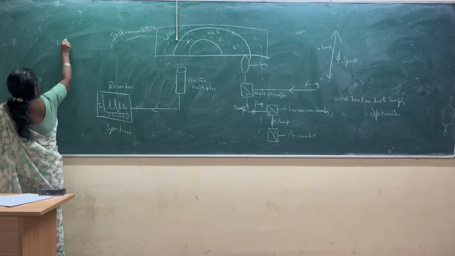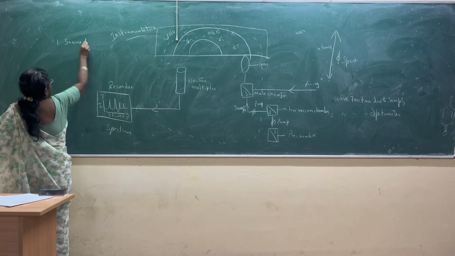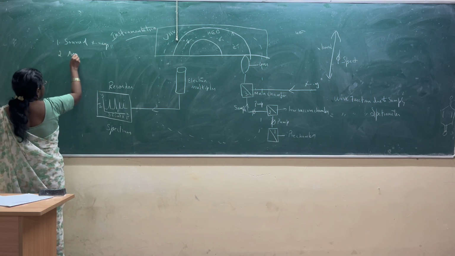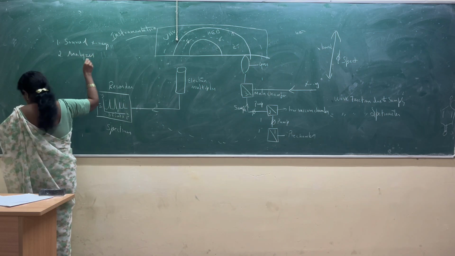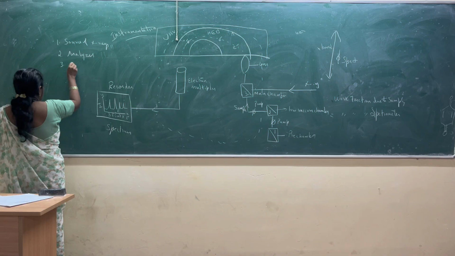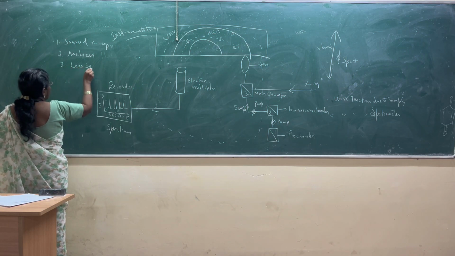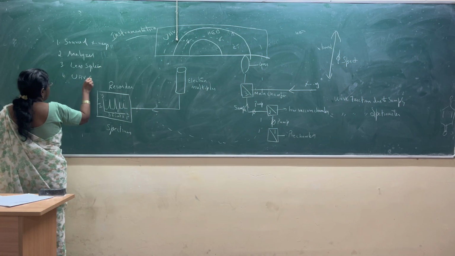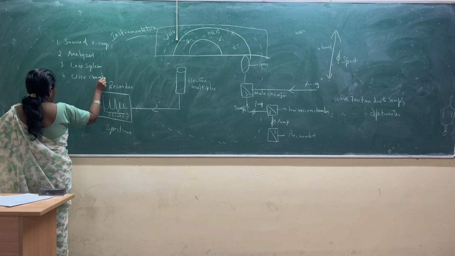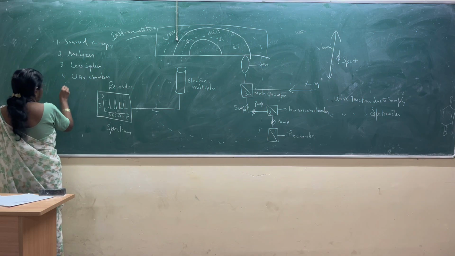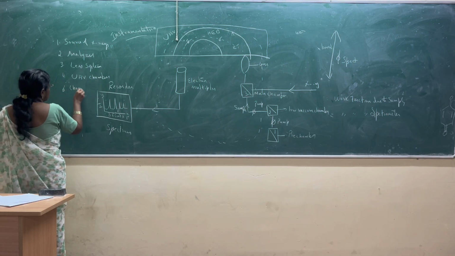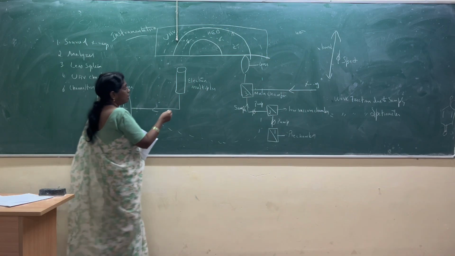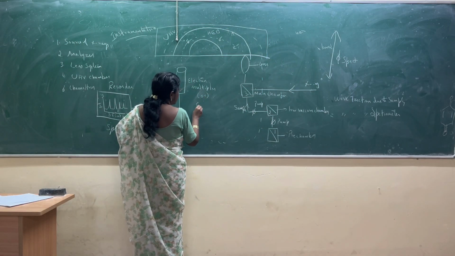So first one, sources of X-rays, and second one, analyzer, and third one, lens, and fourth one, UHV chamber, and fifth one, channeltron, or electron multiplier.